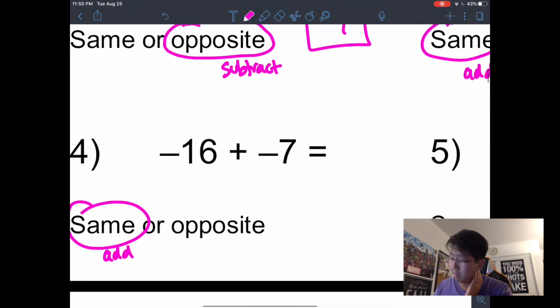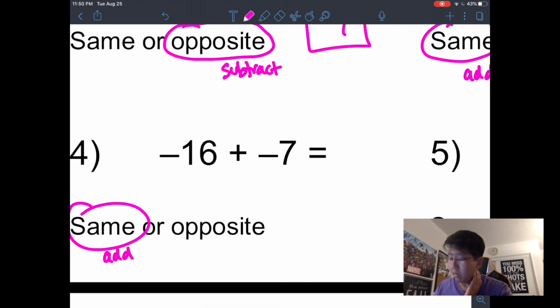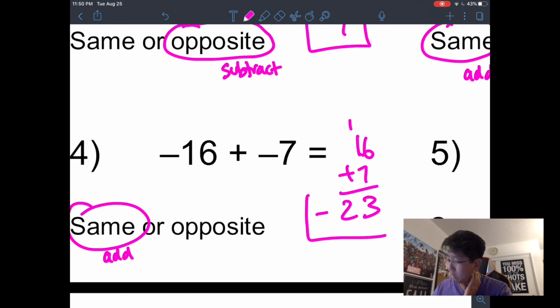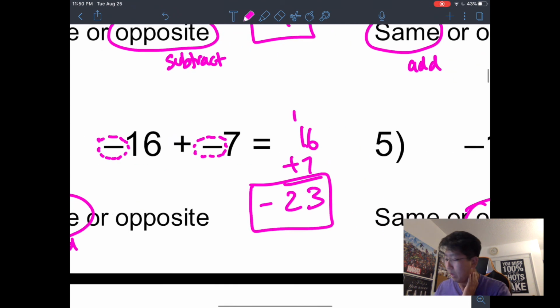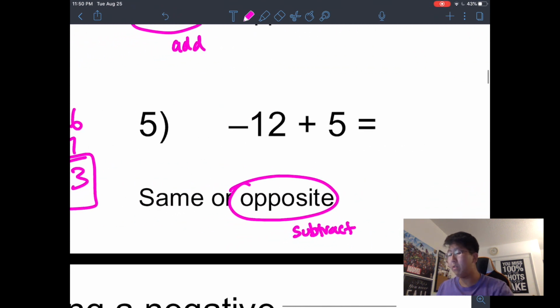Here they're the same sign, negative 16 and negative 7, so we're going to add 16 plus 7. I'm blanking out right now. 23. And the answer is negative 23 because they're the same sign. They're both negative. Okay? Number 5, they're opposite, so we're going to subtract. We want to take the number larger, right? Or further from 0.